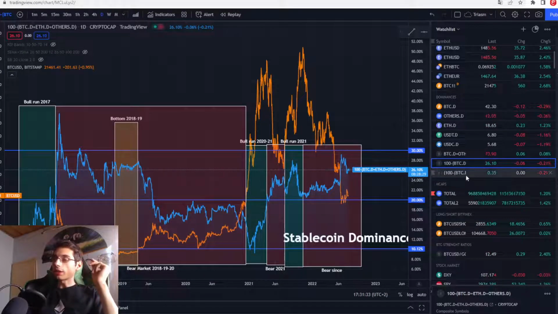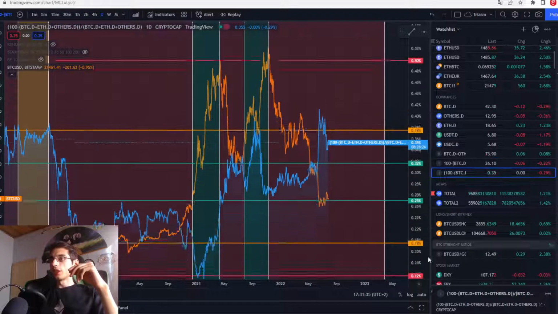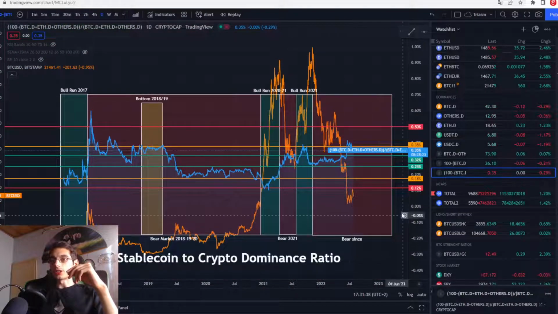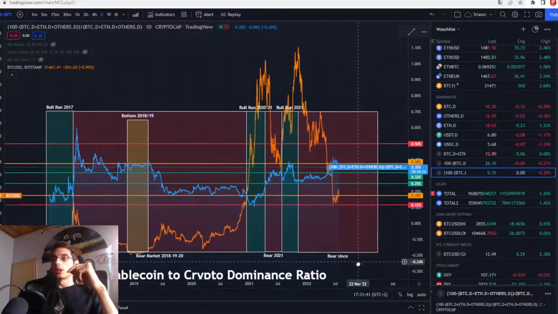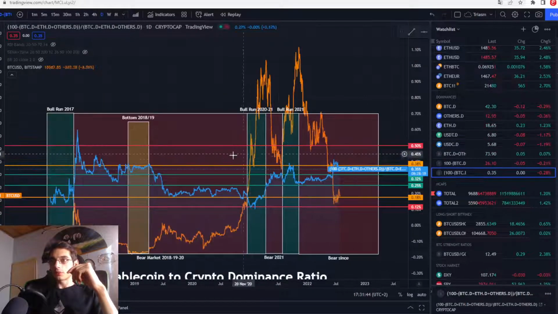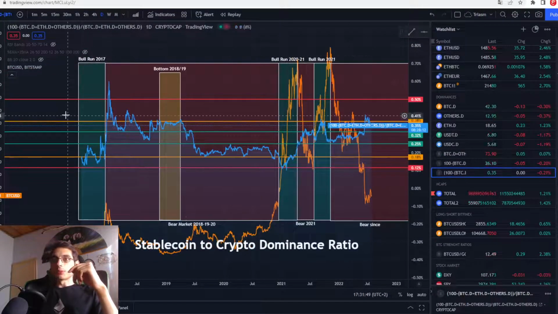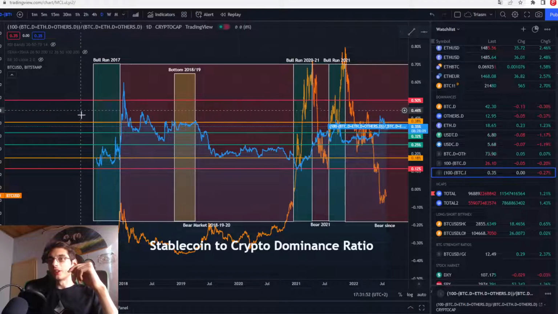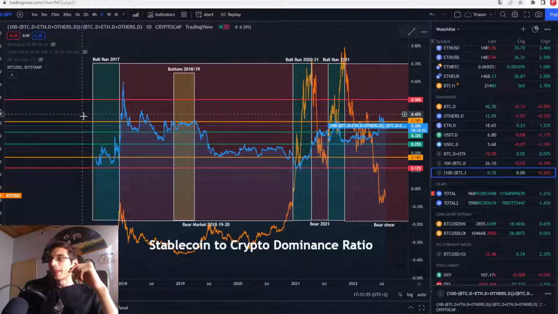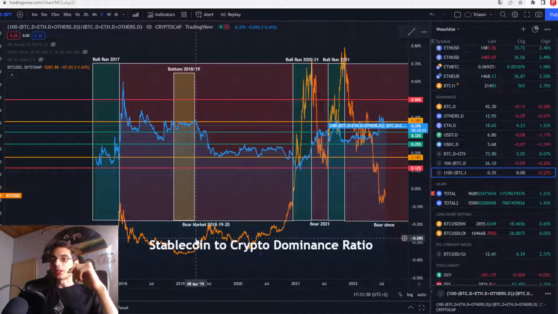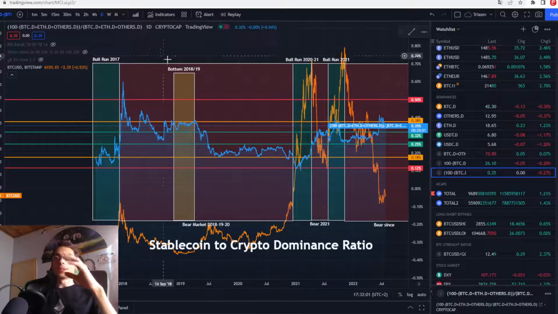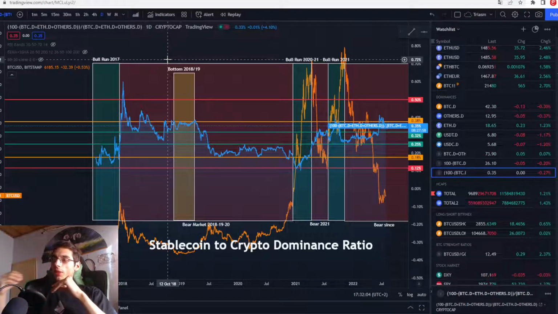That is because I created this, the stablecoin to crypto dominance ratio. It takes into consideration, and I'm trying to make you see as well as I can, because I'm most likely on the bottom left of the screen, and as you see right here, the ratio, so the actual strength that the stablecoin dominance has in comparison to the crypto dominance.